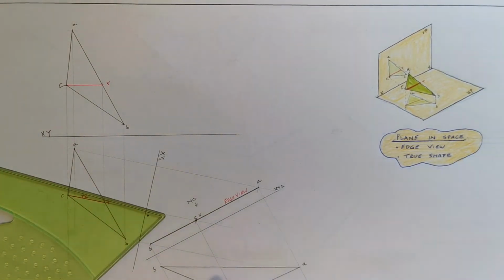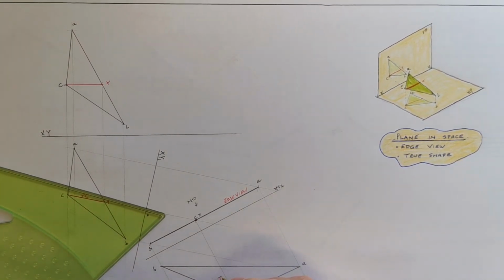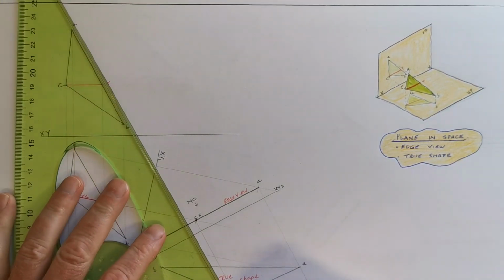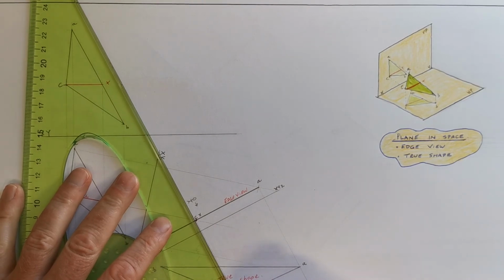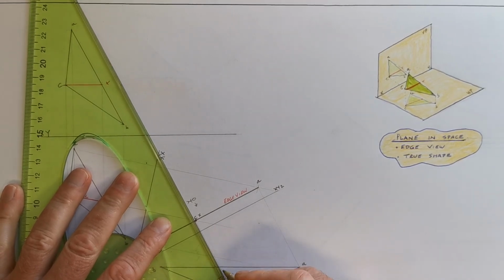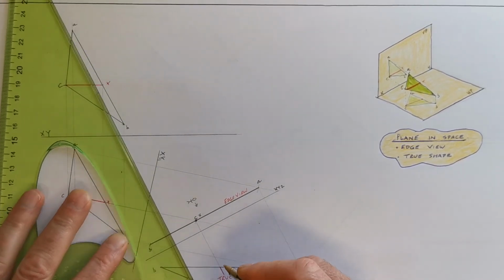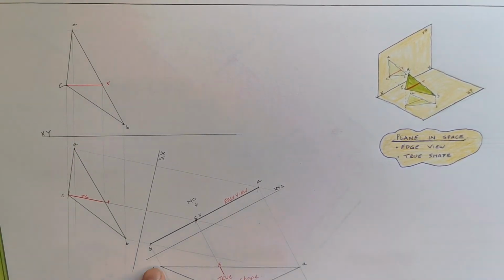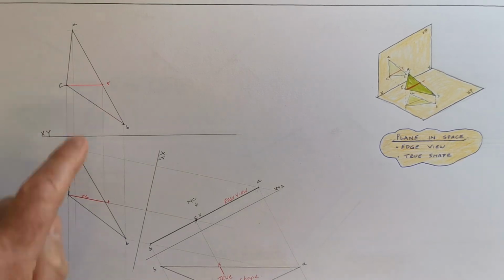Now, that there is the true shape of ABC. And I'll also put in there the CX line along it. So that is the true shape of ABC.